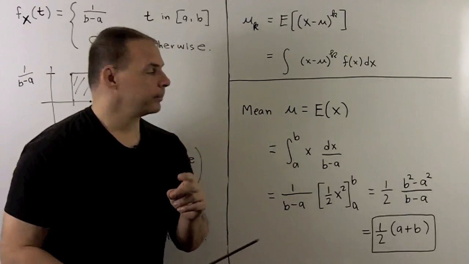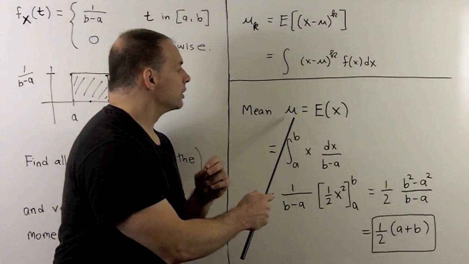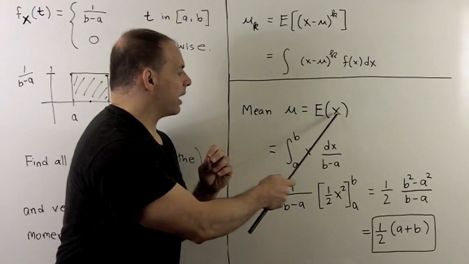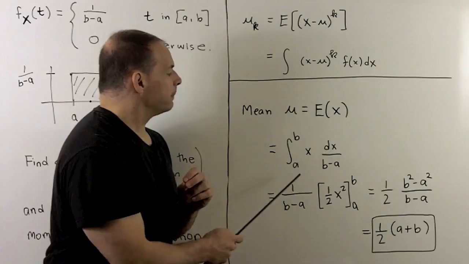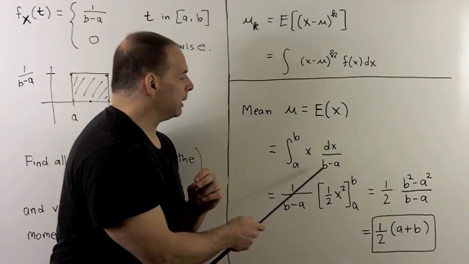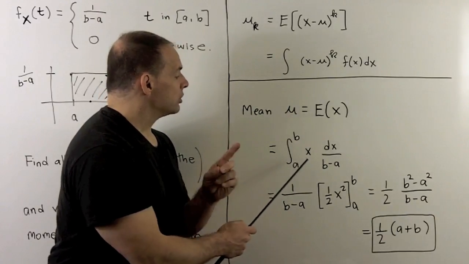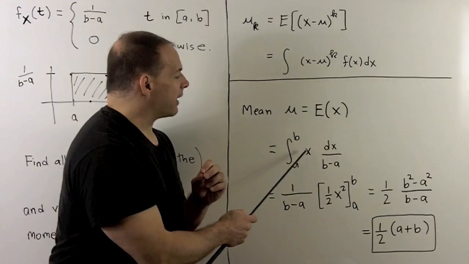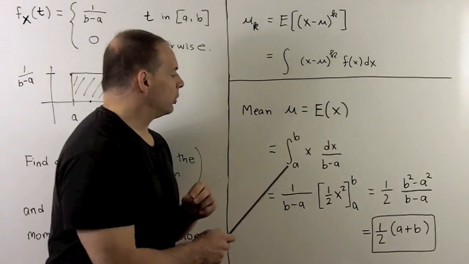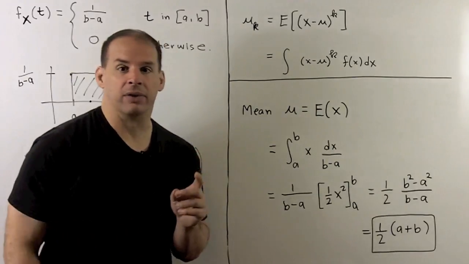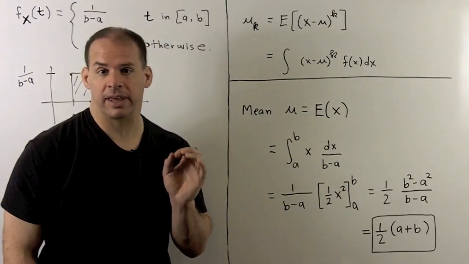For the mean, we need to find that first. It's going to be the expectation of our random variable. That's given as the definite integral from a to b of x dx over b minus a. For an antiderivative of x dx, we just use 1/2 x squared. We evaluate at b and a, and take the difference, using the first fundamental theorem of calculus.